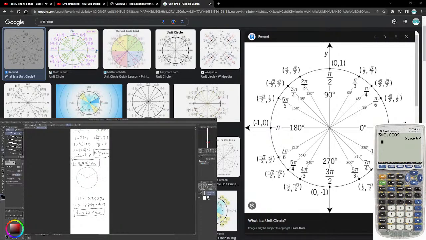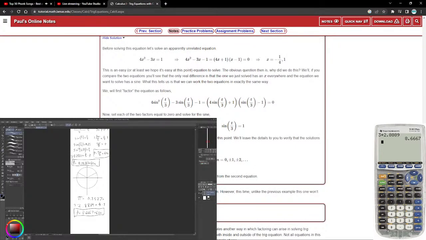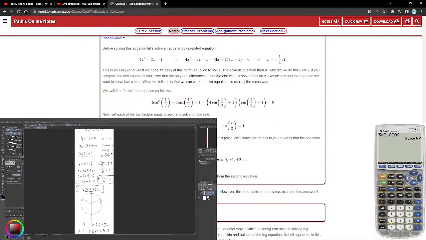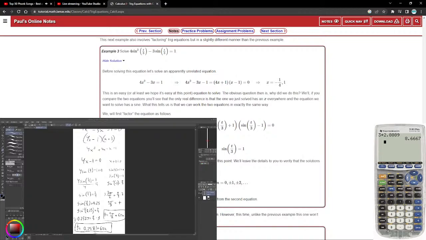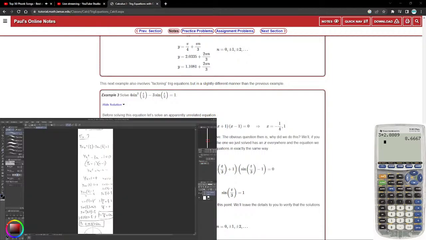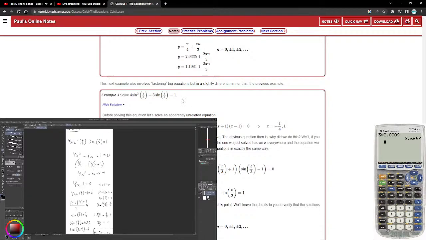And there should be the 3, so let's check. Whoa, what'd they get? Okay, let me go through the whole thing. So before solving this equation, let's solve an apparently unrelated equation. So they got 4x plus 1, x minus 1.